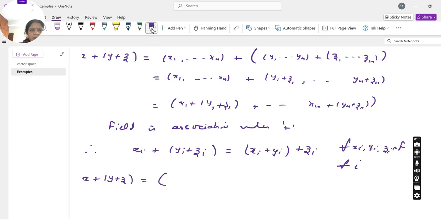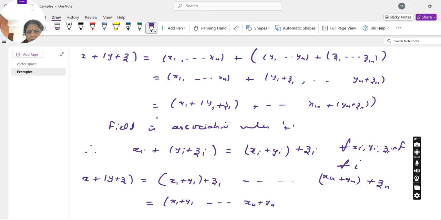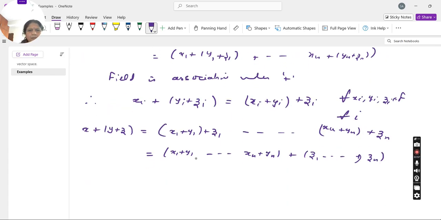So this is (x1 plus y1) plus z1, and the last element is (xn plus yn) plus zn, which is written as (x1 plus y1, ..., xn plus yn) plus (z1, ..., zn), which is further written as (x1, ..., xn) plus (y1, ..., yn), and this is plus z.